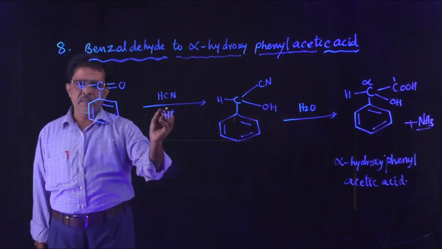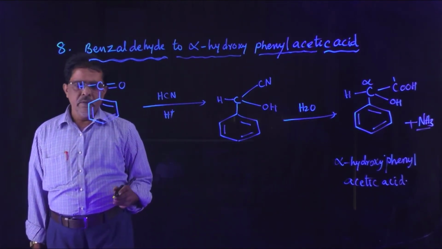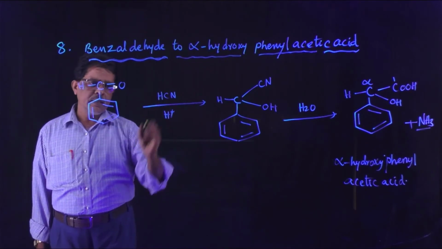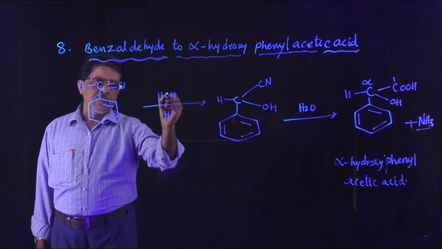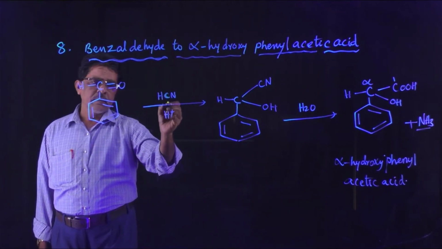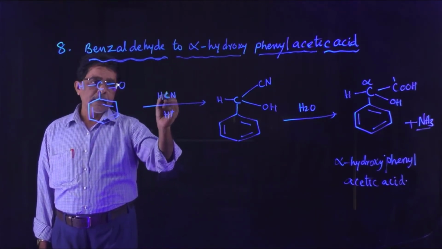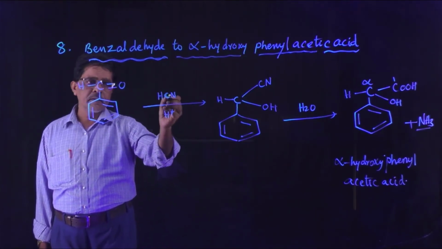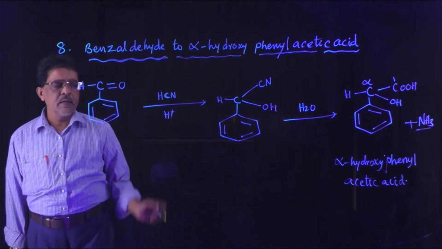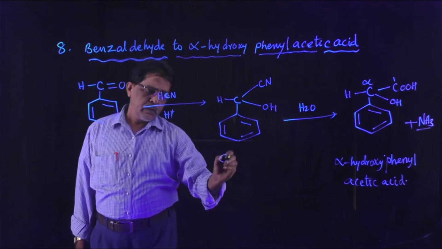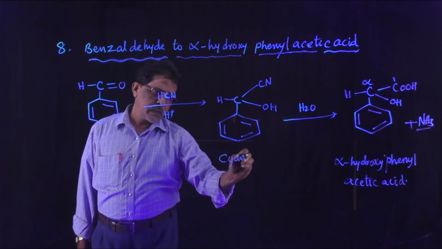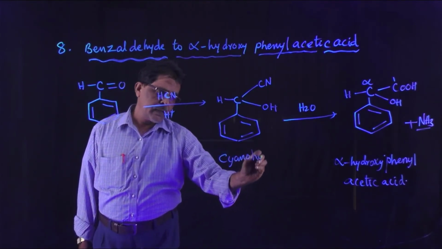Benzaldehyde is first subjected to sodium cyanide or HCN in the presence of acid. Cyanide is a weak nucleophile, but in the presence of H plus ion, the cyanide is a strong nucleophile, and that gives a cyanohydrin.